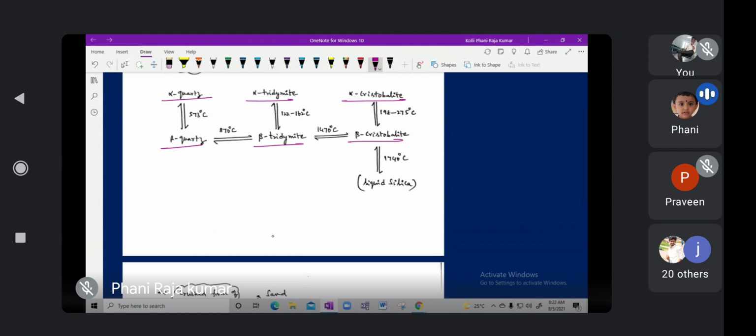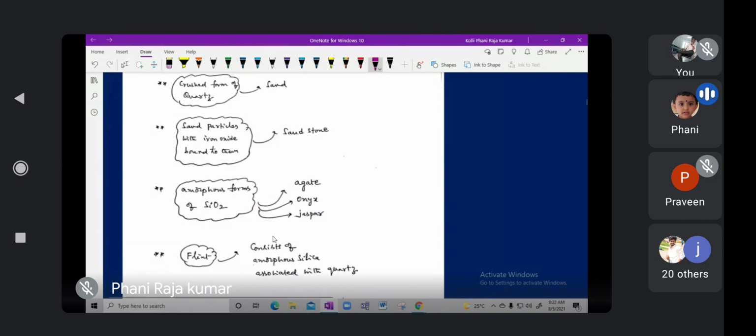So low temperature, high temperature. Finally, at around 1740 degrees centigrade, it melts and we get a liquid form of silica. It is equal to the melting point of SiO2. So like this, we can convert these crystalline forms of SiO2 from one temperature to another.